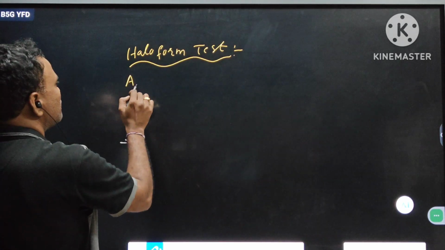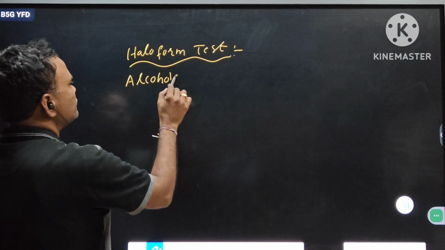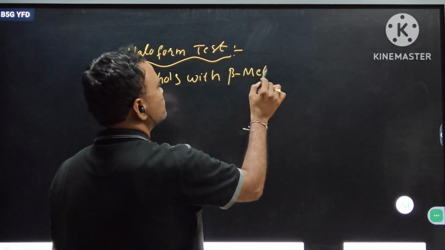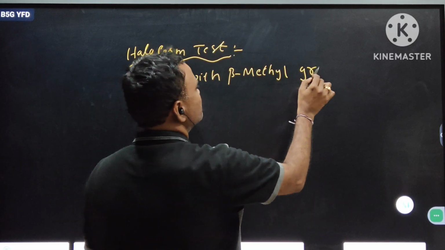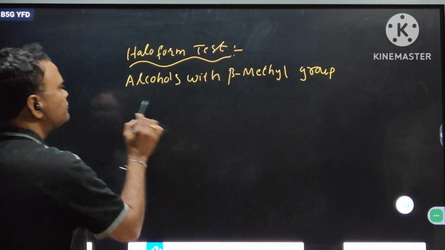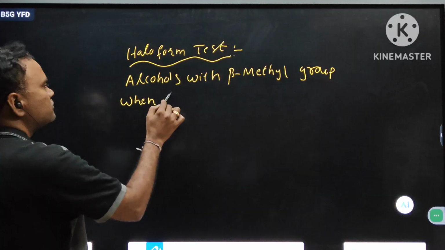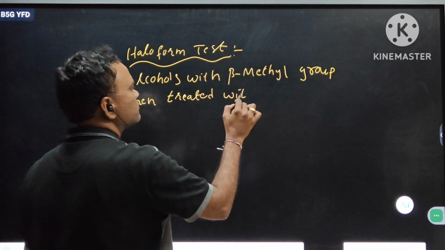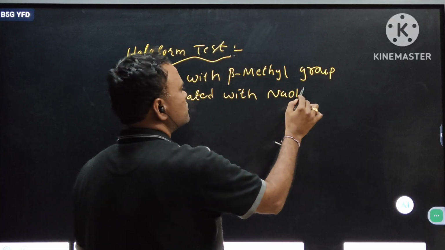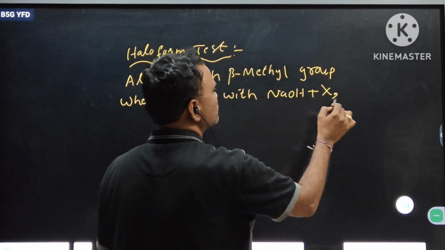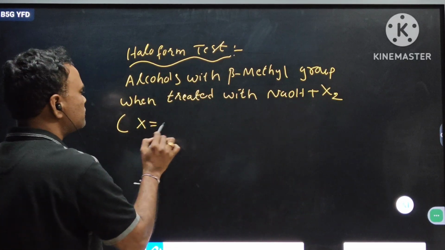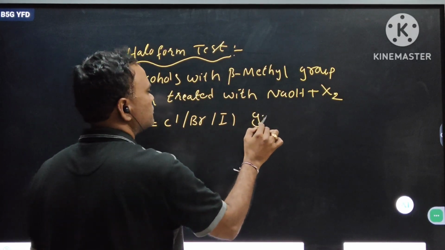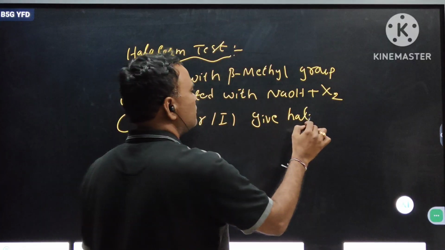Here alcohols with a beta methyl group, when treated with NaOH plus X2, where X is chlorine, bromine or iodine, give haloform.